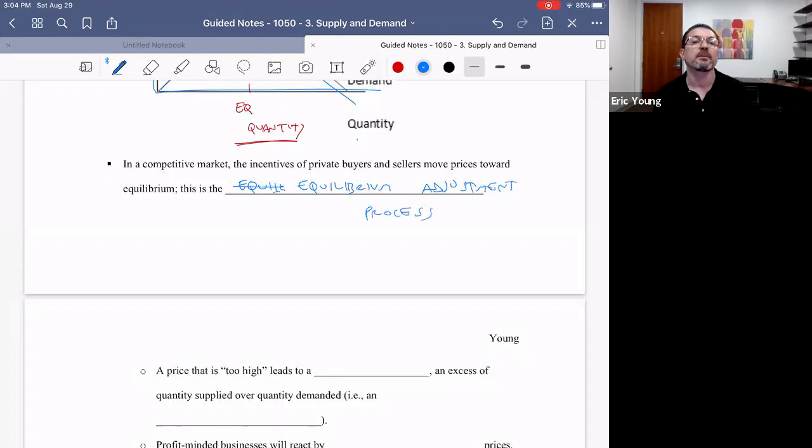The equilibrium adjustment process is the process that takes place in competitive markets, not with government involvement, but simply by the private actions of individual buyers and sellers pursuing their own selfish incentives and self-interest.